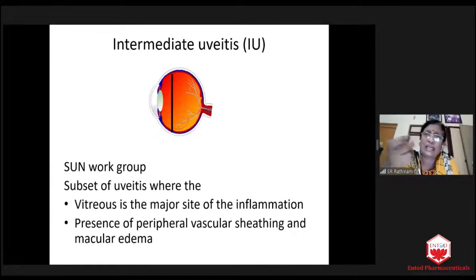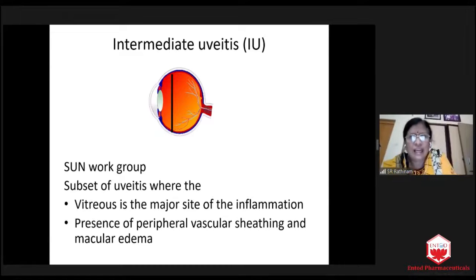Because the Toxocara, which I just mentioned, but I didn't show you the picture, will be just a white color granuloma in the vitreous, which we may mistake for retinoblastoma, or for tubercular granuloma or sarcoid granuloma.